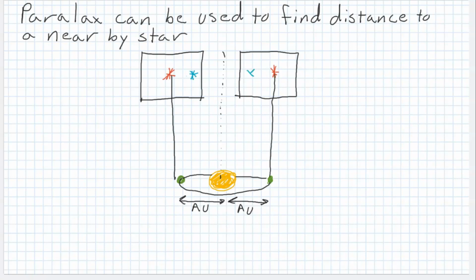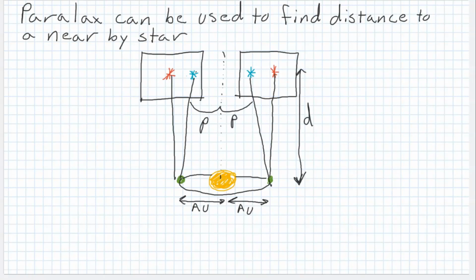However, this blue star, which is very nearby the Earth, will change positions due to parallax. So 6 months later, it'll appear to be on the other side of the red star, and we can use this angle, which we'll call angle P, to find this distance, d, to the blue star. We can do this by using the equation d is equal to 1 over the angle P.